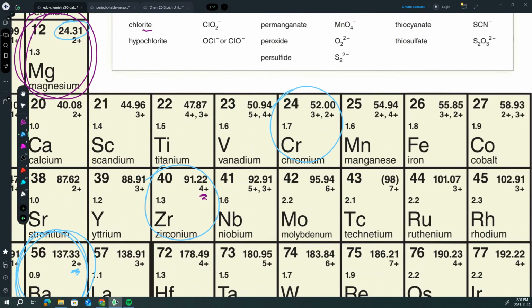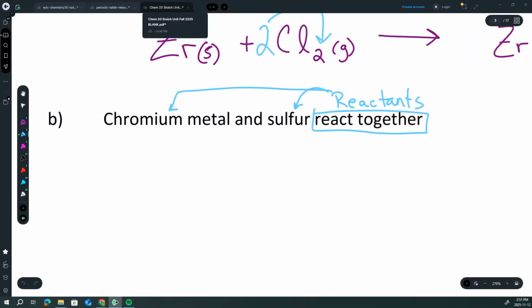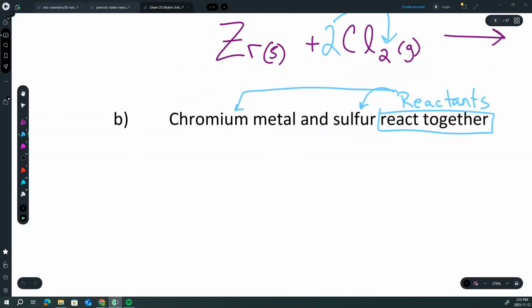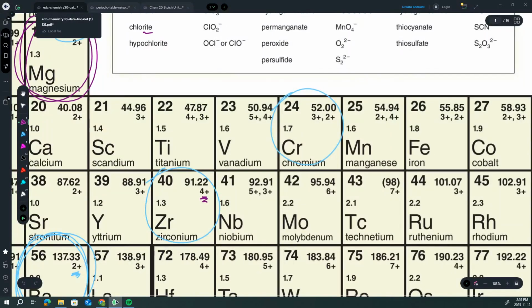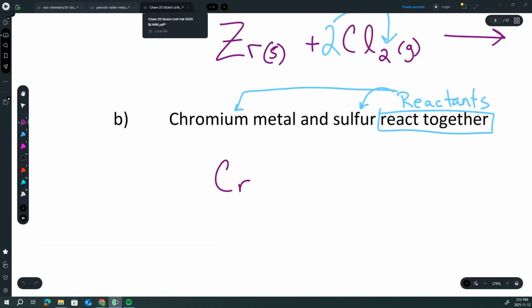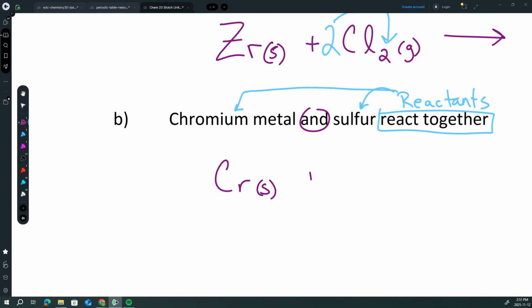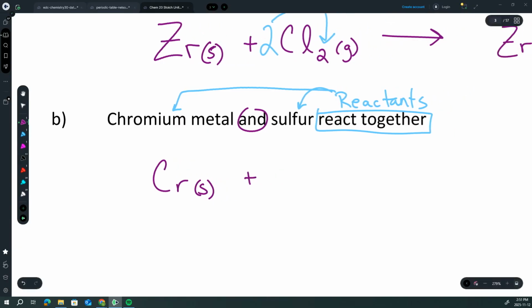So its symbol is Cr. Because it is yellow, we can assume that it is a solid at room temperature. Okay, and we can translate to a plus sign, sulfur.